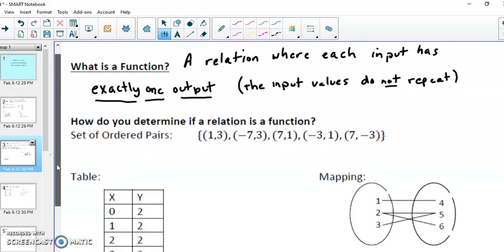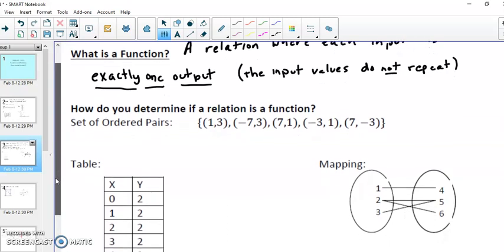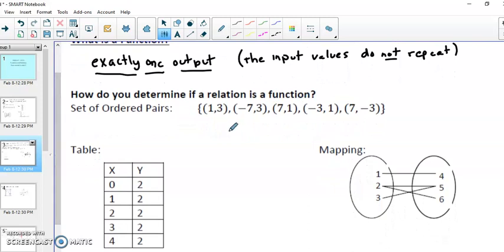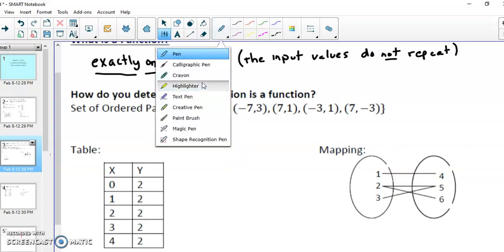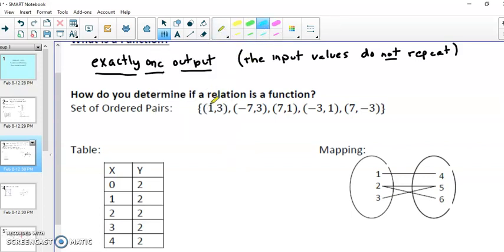We are looking for input, and at any point, if you need more time, just pause. We are looking for, is this relation a function? So I'm going to get out my highlighter and highlight each of my input values. Those would be the x values.